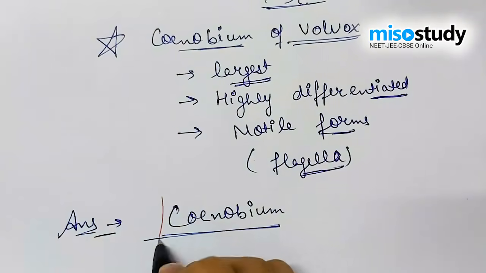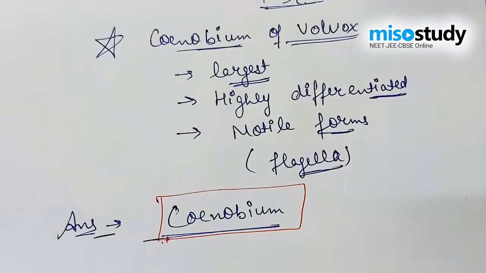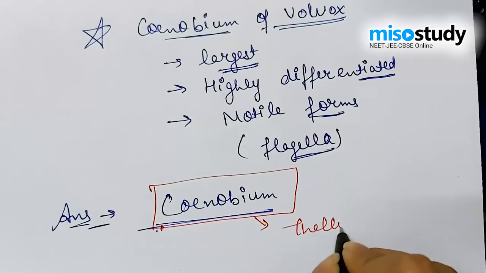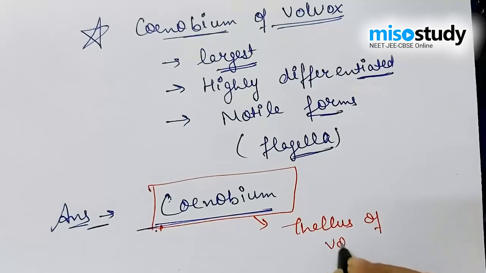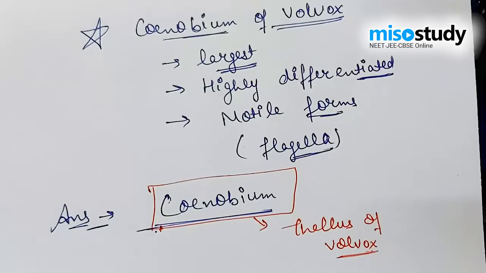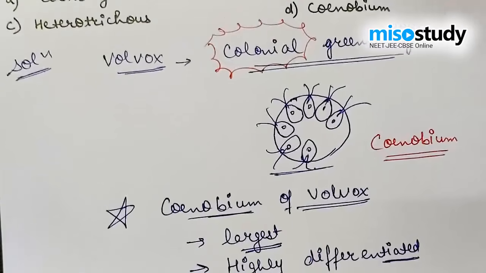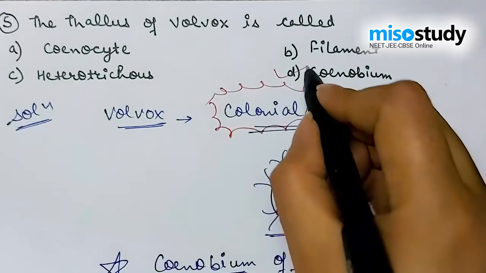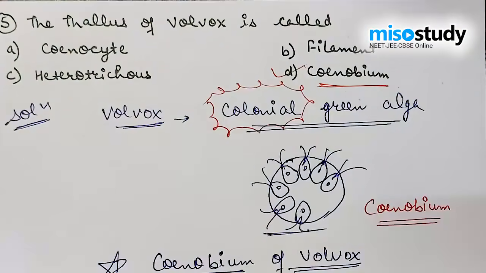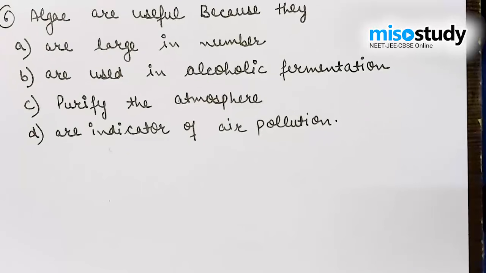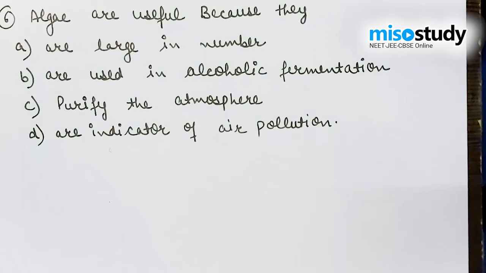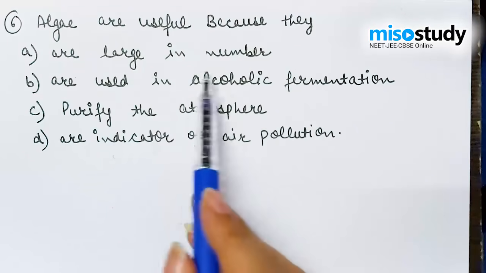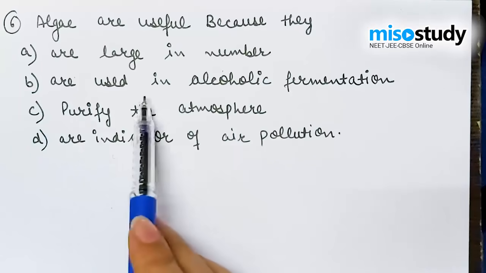Because we generally discuss that coenobium is the thallus of Volvox. So the right answer for the question is: the thallus of Volvox is known as option D, that is coenobium.